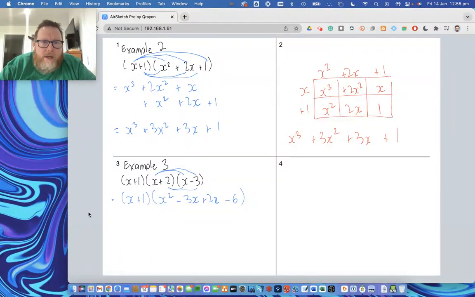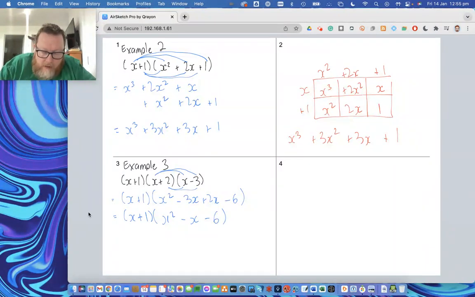If you're not consistent, or you're a bit unsure, do take an extra line like I've done here. And then the final line, before I move on to the next step, is x plus 1 multiplied by x squared minus 3x plus 2x is minus x, and then minus 6. Okay, so that's my first part of my expansion done.